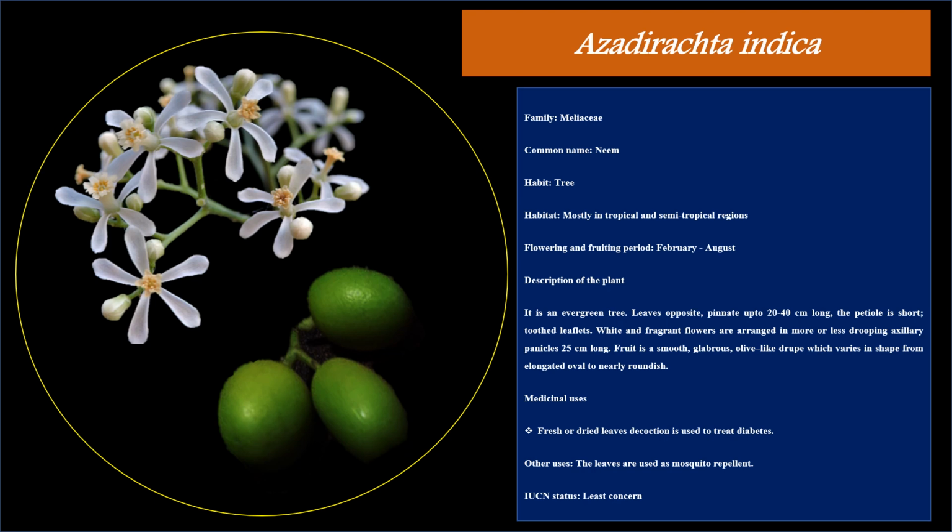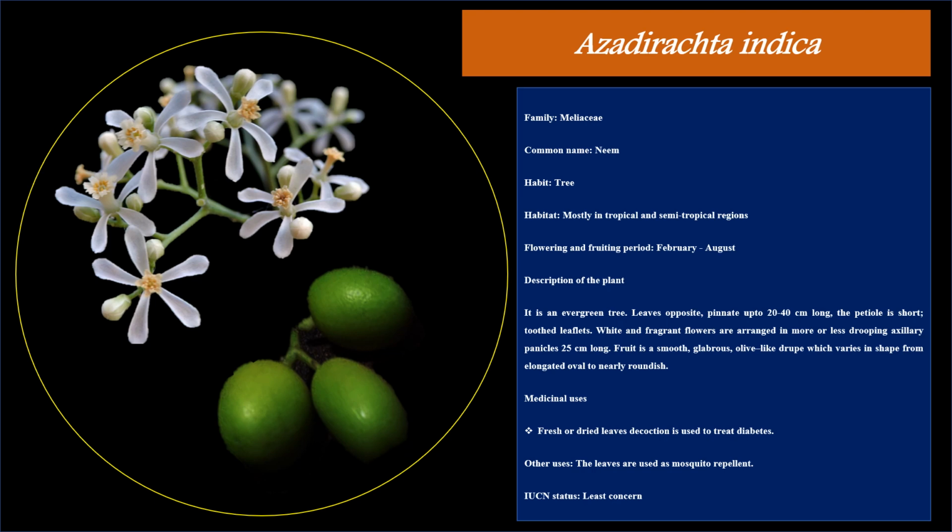As I have said, it has varied medicinal uses. One of the medicinal uses is that a decoction of fresh or dried leaves is used to treat diabetes. Another medicinal value, commonly used by people, is that leaf decoction is used to treat pimple problems.